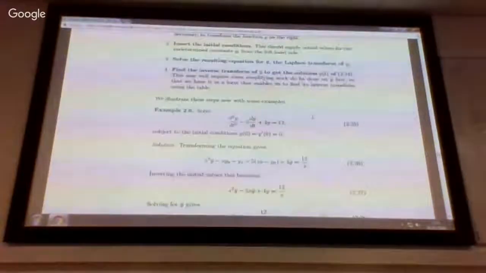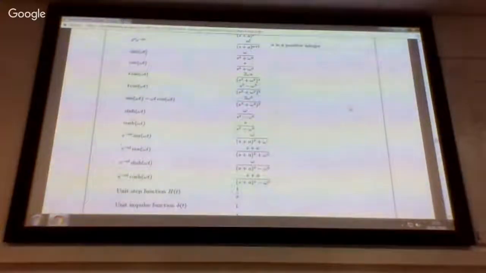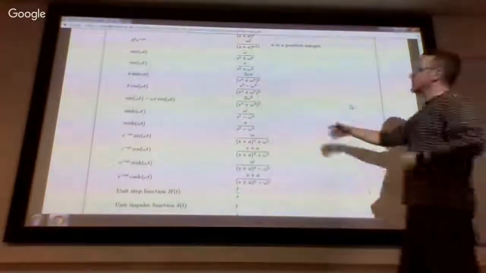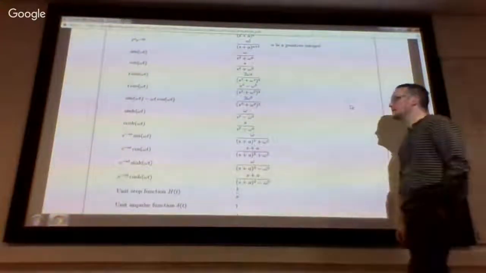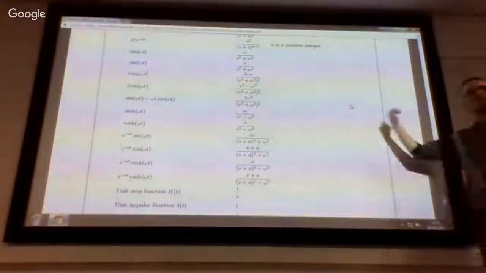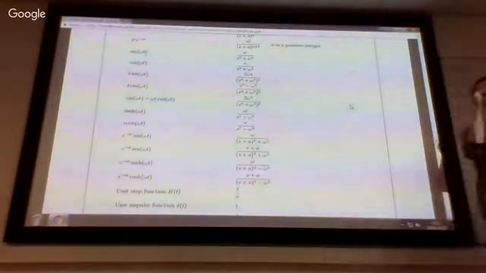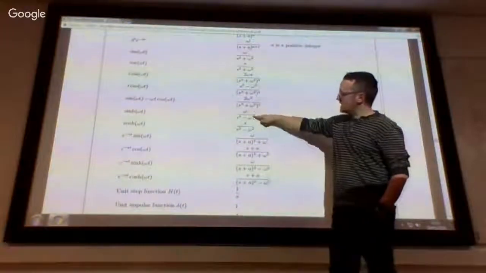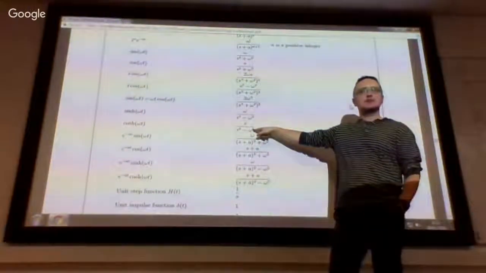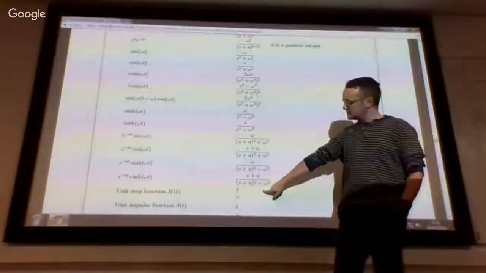If you flick back to the table and look for these functions, you start to see them in the bottom half of that first page. Various functions here with quadratic denominators. Now, our polynomial in that example had an s term. So it's not going to be any of these which feature quadratics which don't have an s term, just an s squared term. It's going to be one of these, okay?